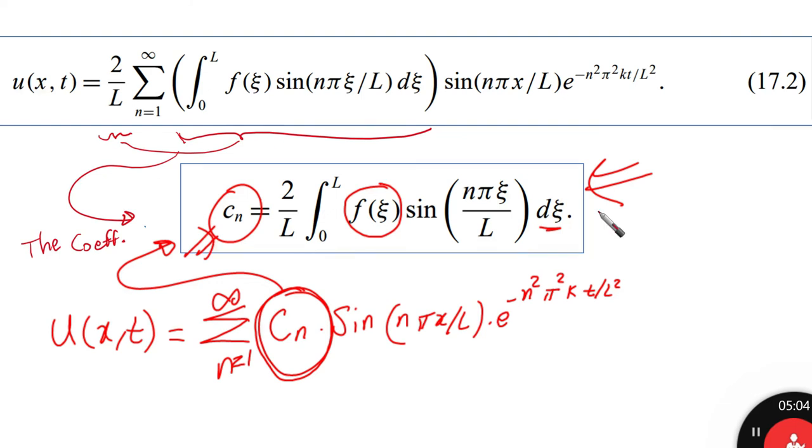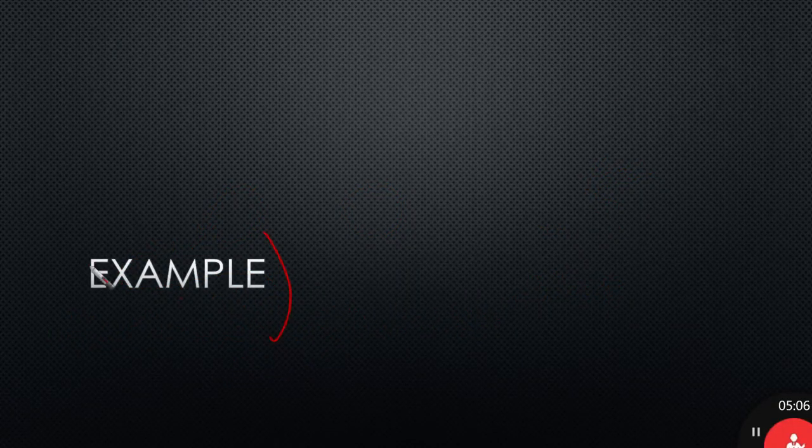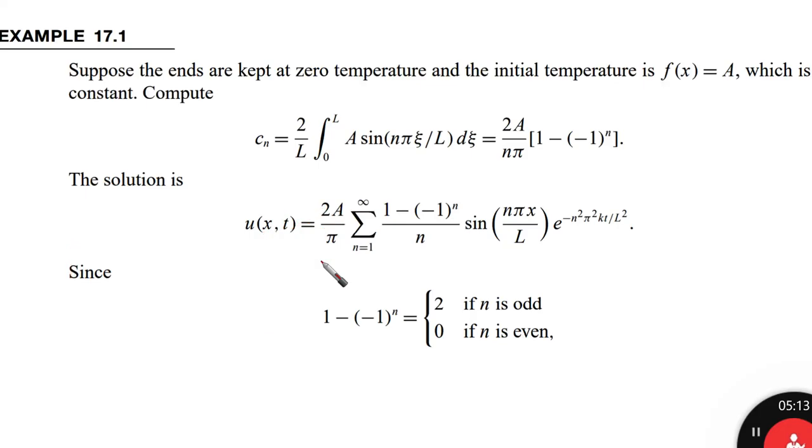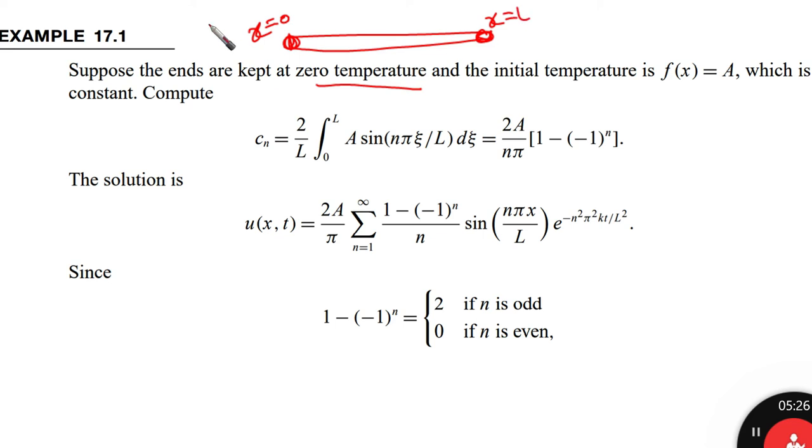Okay, so now let's jump directly to an example so that it is going to be easier for us to understand. Suppose the ends are kept at 0 temperature. Suppose that we have a bar and the ends of the bar, at x equal to 0 and x equal to L, are kept at exactly 0 temperature.